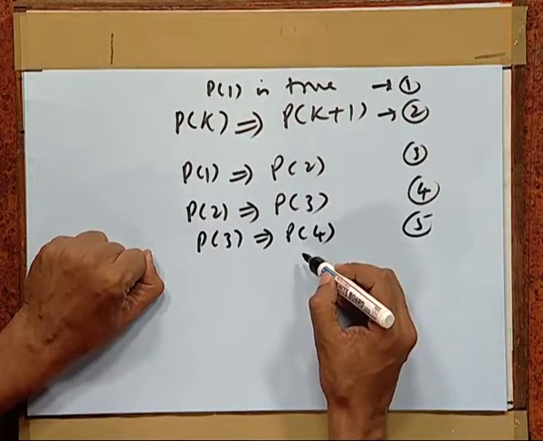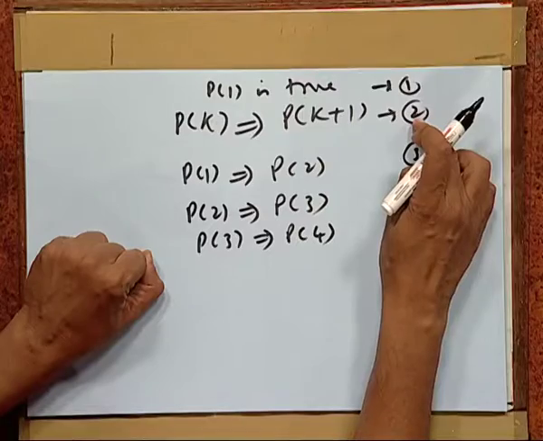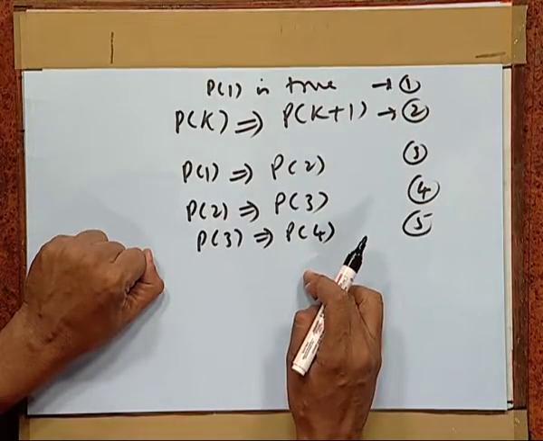And this way we have no limit, we can keep on applying it. So, that whole application is summarized in step 2, and hence it is true for all values of n. This is the logic behind induction.